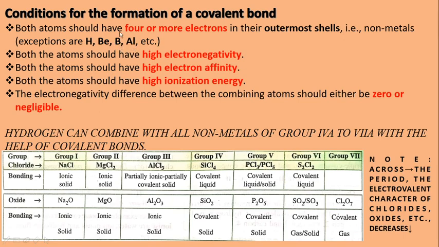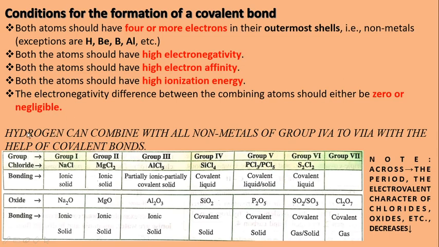Both atoms should have high electronegativity, high electron affinity and high ionization energy. All of these must be high. Then the electronegativity difference between the combining atoms should be either 0 or negligible. Okay, these are the important conditions for the formation of a covalent bond.